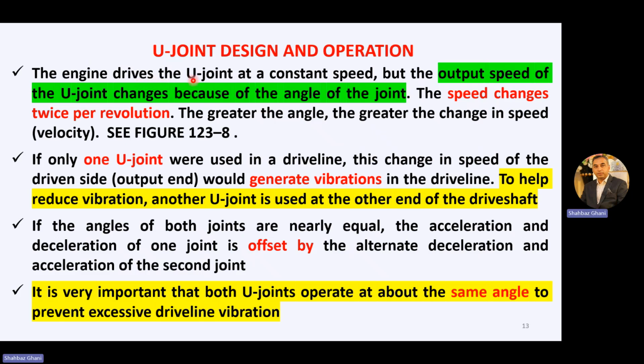The speed changes twice per revolution. So in 360 degrees, the speed changes twice. The greater the angle, the greater the change in speed velocity.